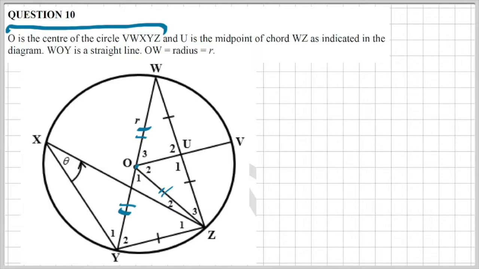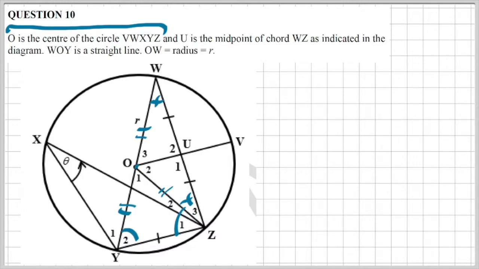Once I have equal sides, I automatically look for isosceles triangles. So in the triangle OYZ, I have that Y2 is equal to Z1 and 2. Looking at the other triangle OWZ, I have angle W equal to Z3. Those are my isosceles triangles.